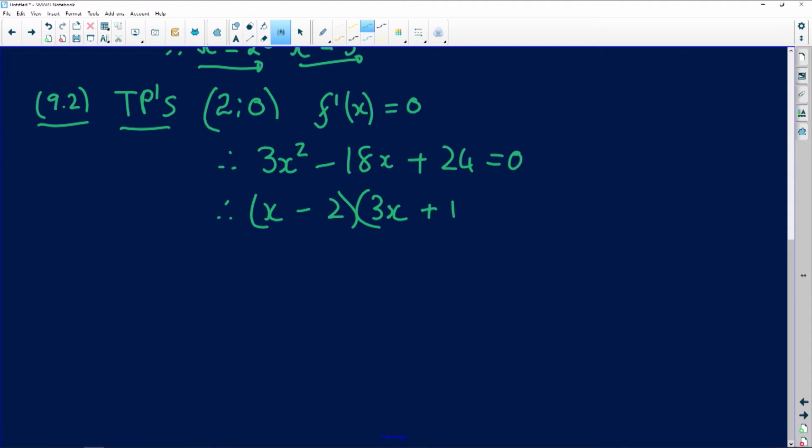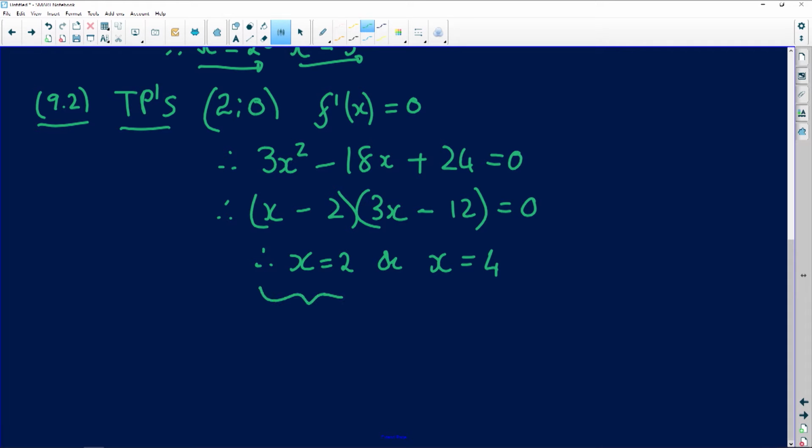All I need here is a minus 12, because the result is positive 24. Okay, let me just get my ink back. There we go. So the one turning point is at 2, and the other x value is 12 divided by 3, which is 4.